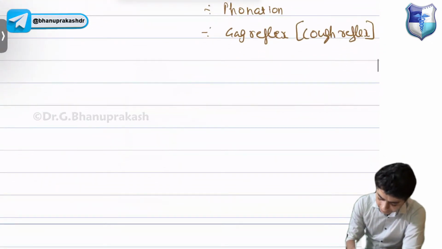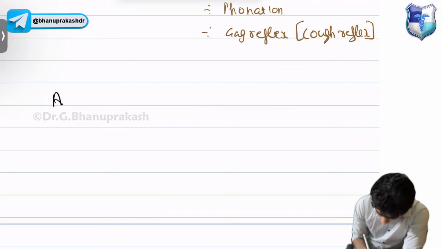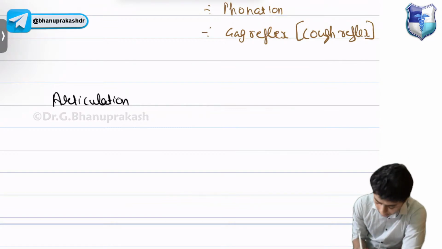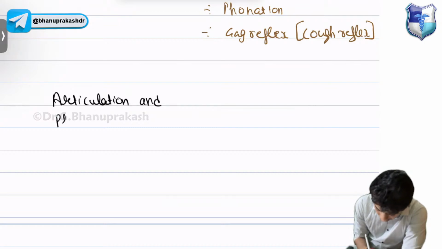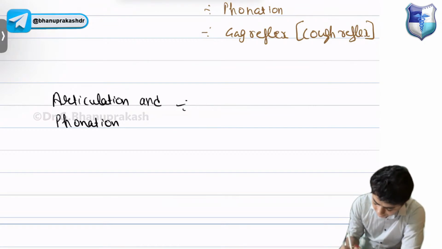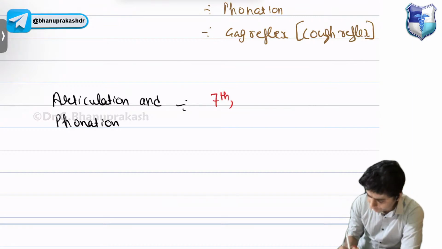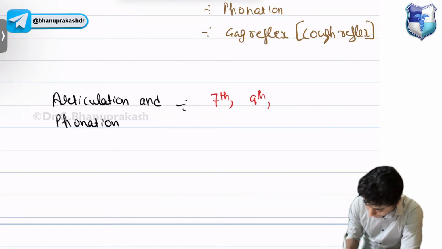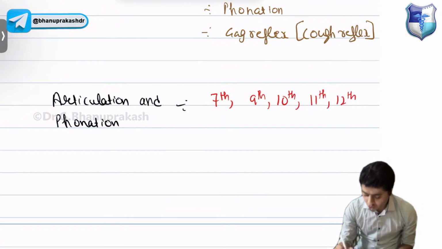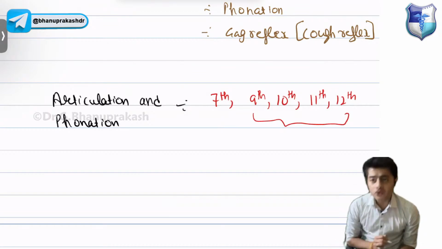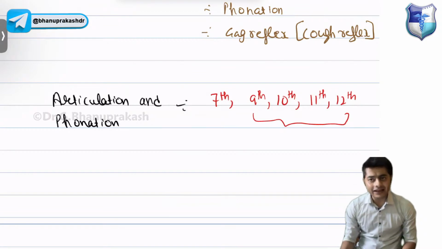So by this we mean that your articulation and your phonation are done with the help of 7th, 9th, 10th, 11th, and 12th. You will say, sir, you have said about bulbar nerves, that's 9th, 10th, 11th and 12th.